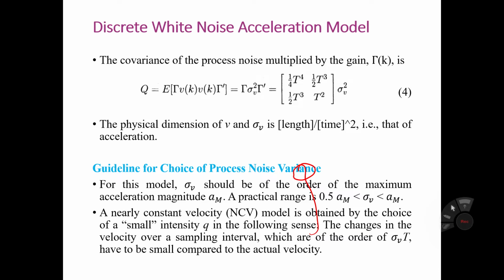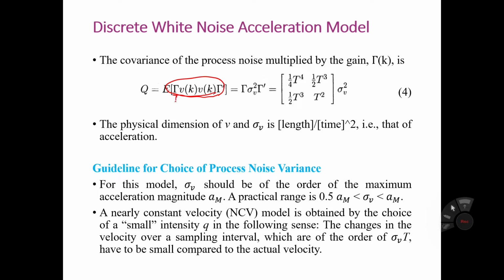Now the covariance of the process noise multiplied by the gain gamma is given by taking the expected value of gamma v of k times v of k transpose times gamma transpose.